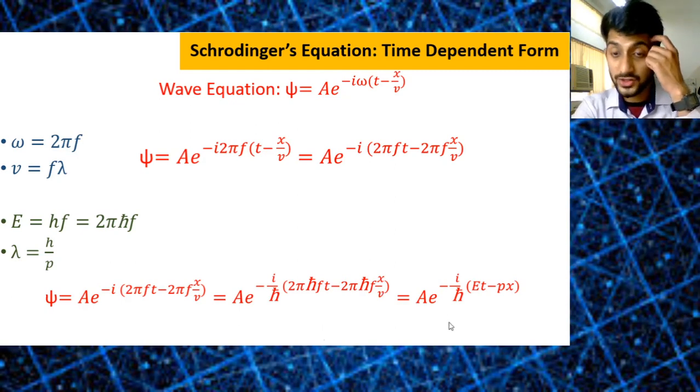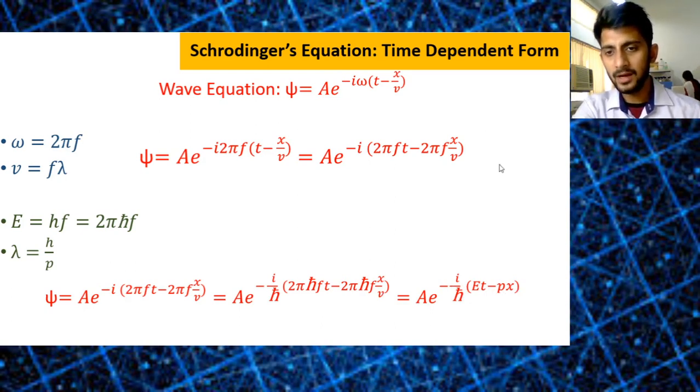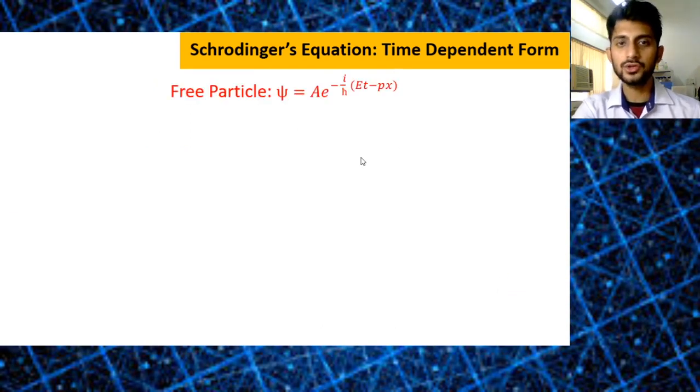So I get the equation A e to the power minus i by h cross (Et minus px). So from this wave equation, I have come to another differently looking wave equation, which has the terms of energy and momentum. Actually, this solution, psi equals A e to the power minus i by h cross (Et minus px), is the state representation for a free particle.